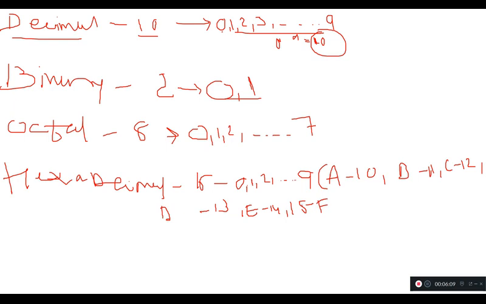So you get 15 numbers, and 0 is one more, so a total of 16. That is hexadecimal. Octal is for 8, binary is for 2, and decimal is for 10 numbers.